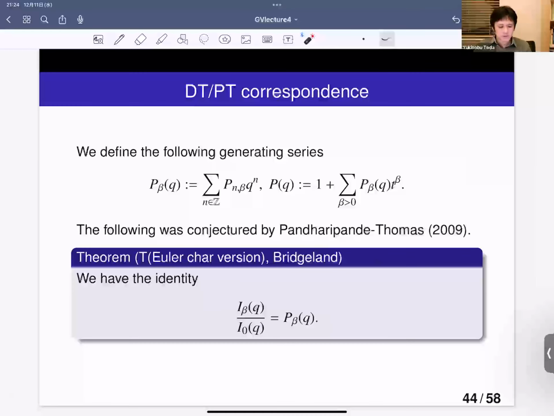But then again, similarly to before, we can define the generating series of PT invariants. And this is the so-called DT/PT correspondence: the quotient series, this one, is equal to the generating series of the PT invariants. That is also a consequence of the so-called wall-crossing in the derived category.